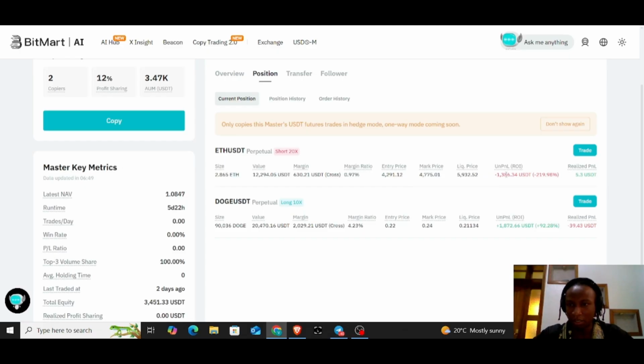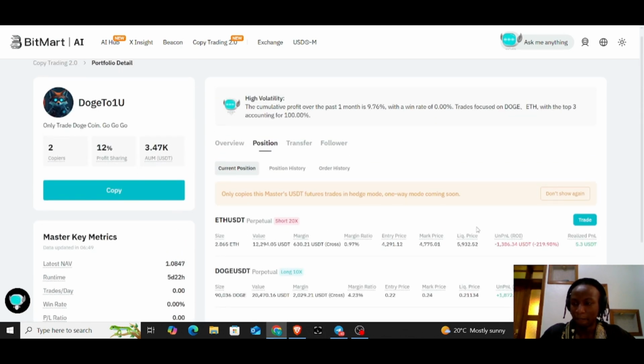And you can see he's lost about 1,300 USDT, but he's been able to gain here in terms of the Dogecoin, right, that he's been able to trade. He's been able to get a total profit of roughly 1,872 USDT, right?